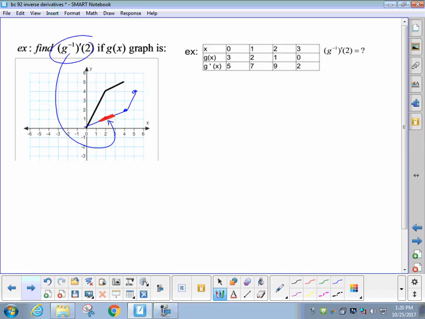So what do you say? Inverse derivative at 2 is 1 over 2. Okay? If you do this analytically, then you're saying g inverse's derivative at 2 is 1 over the original derivative at g inverse of 2.